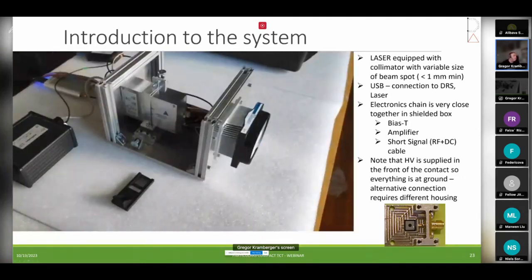What I may have missed, but we'll see it later, is that the amplifier and bias T are hidden behind the laser on this side, and everything is really very close together, so no long cables, and this actually helps a lot in getting less noise in your system.